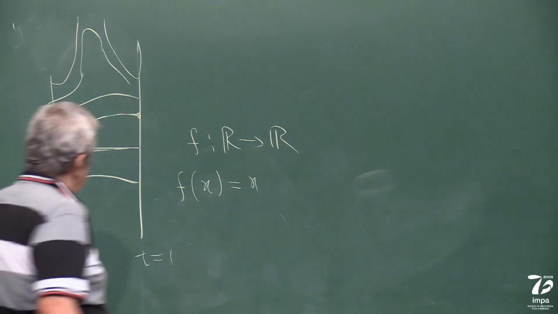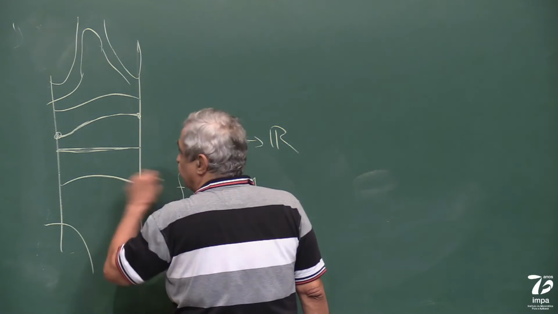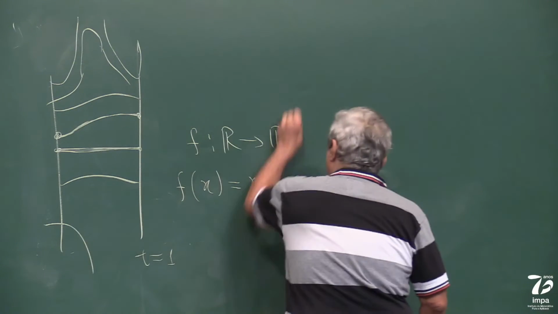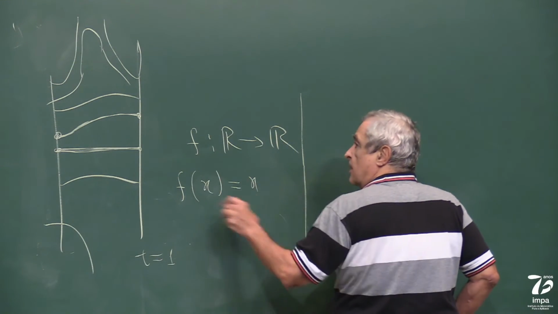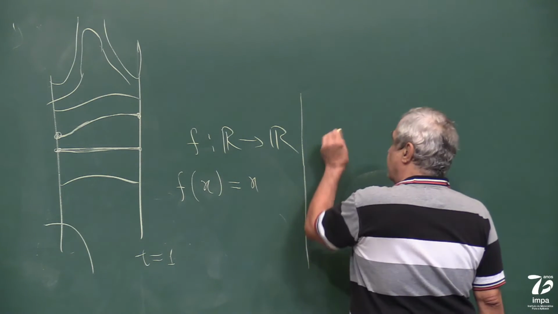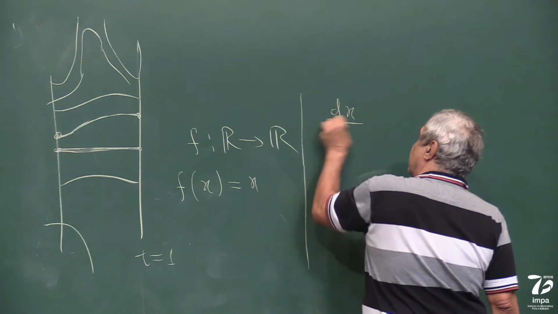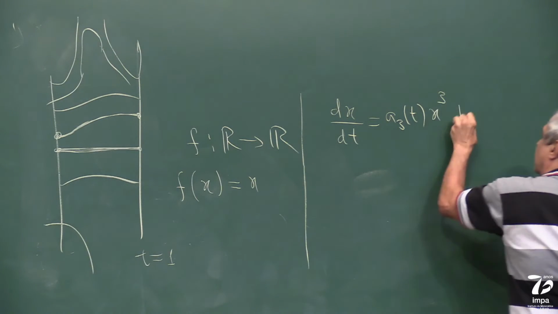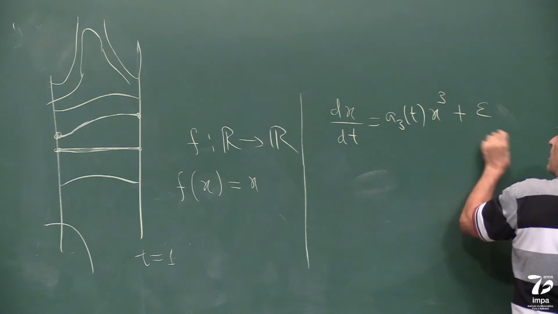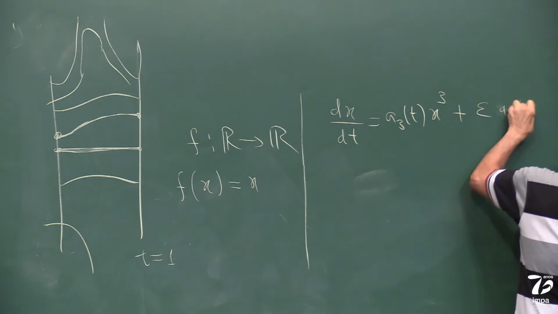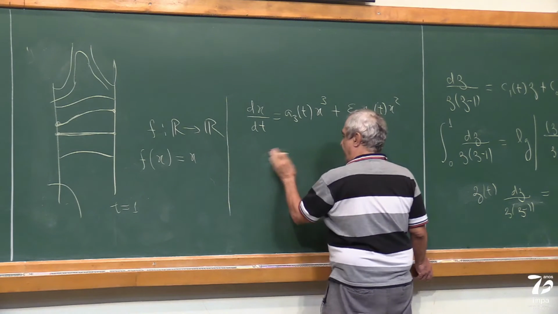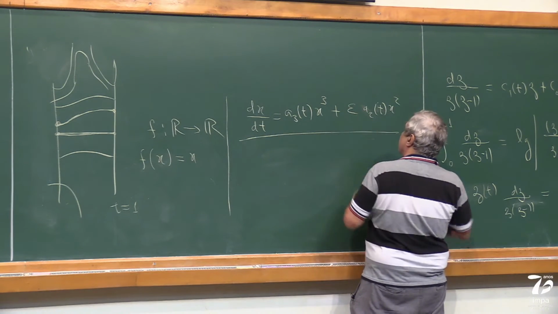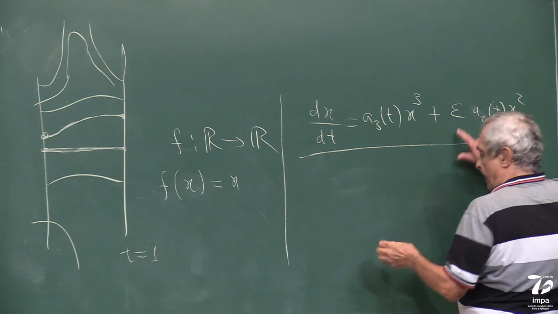So the trick is to find the coefficients in such a way, so you perturb and consider the equation in this form, where epsilon is a parameter.